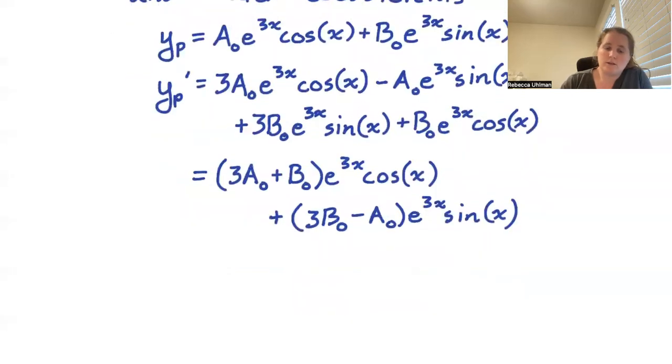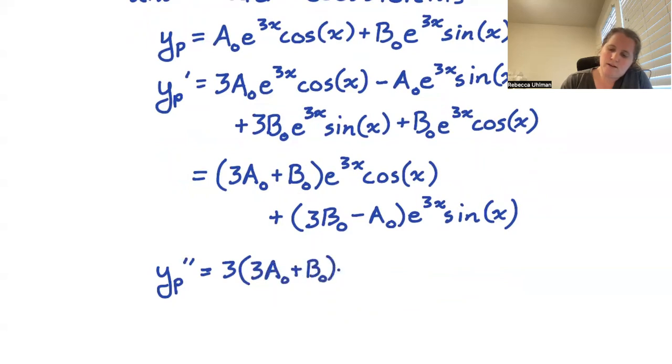Finding our second derivative, we were looking at yp double prime. We would have a 3 times 3a0 plus b0 e to the 3x cosine x. Then we would have minus 3a0 plus b0 e to the 3x sine of x.